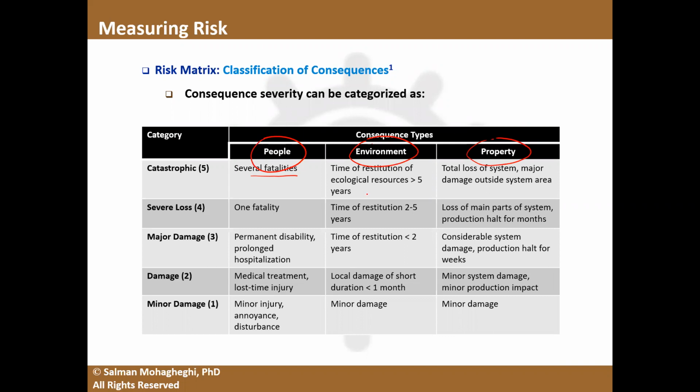The other side of the spectrum, minor damage, for instance, can be defined as minor injury on people, minor damage on the environment, minor damage on property.